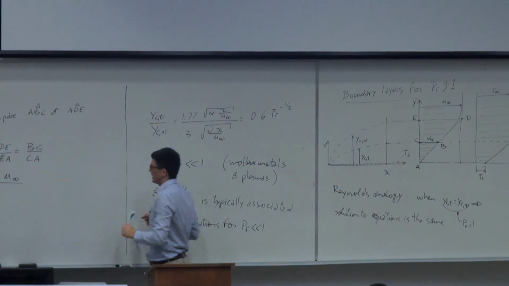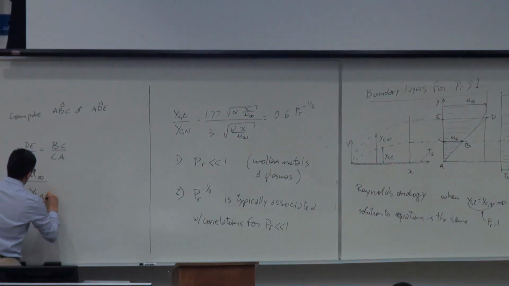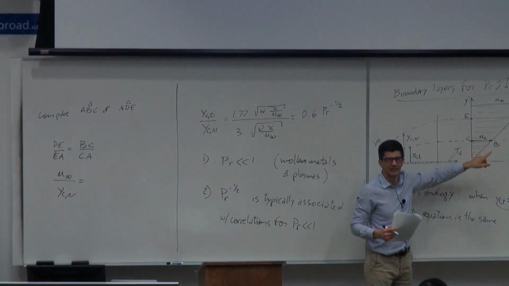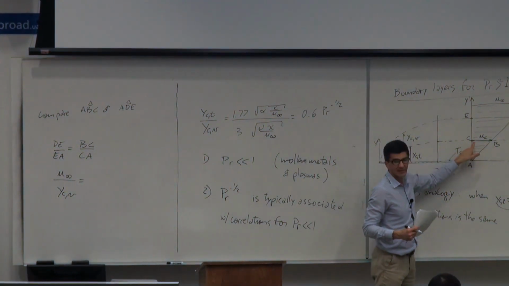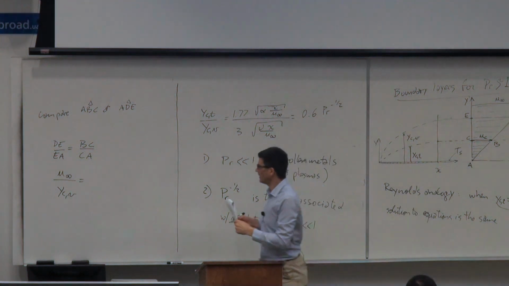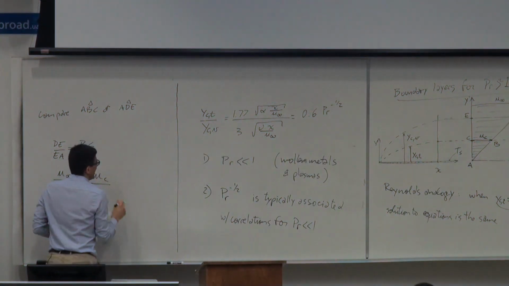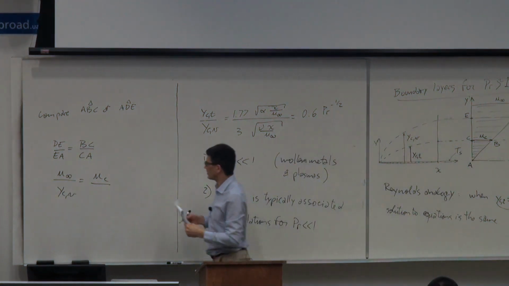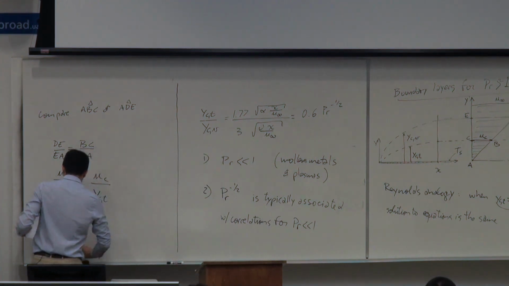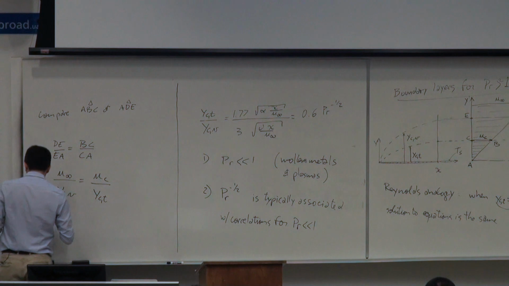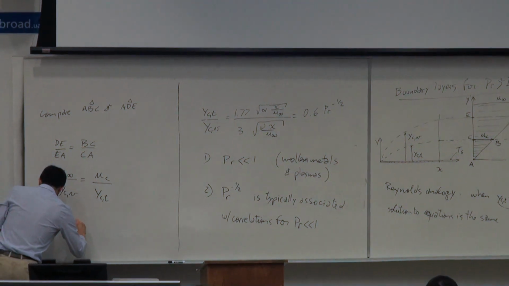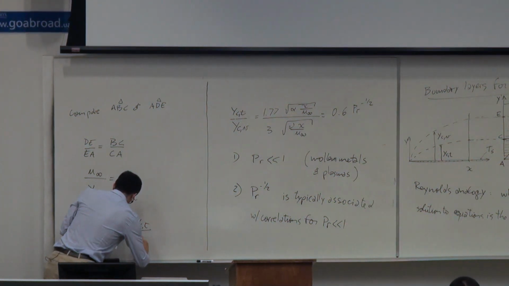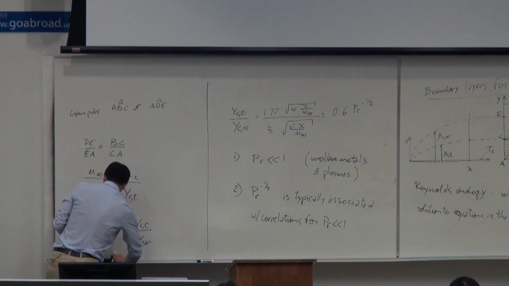Thank you. We're kicking some butt here. BC. UC, that is the one I didn't know. And now we have CA, the thickness of the boundary layer. So what this says is that UC is U infinity times YCT over YCV.